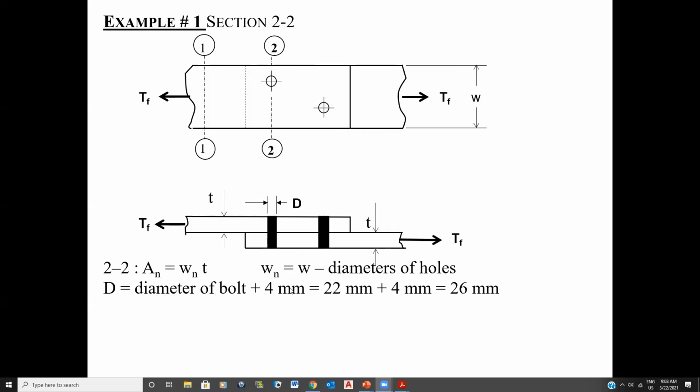I don't know if this is going to be punched or drilled, so to be on the conservative side, assuming they might be punching the holes, I automatically add 4 millimeters. If I knew they were going to be drilling it, then I could bring this down to 2, because that's the minimum. You always need an extra 2 millimeters for tolerances so that they can actually erect your column or your structure. So D is my diameter of the bolts, but the bolt hole I will use to be 26 millimeters. Is that clear to everybody?